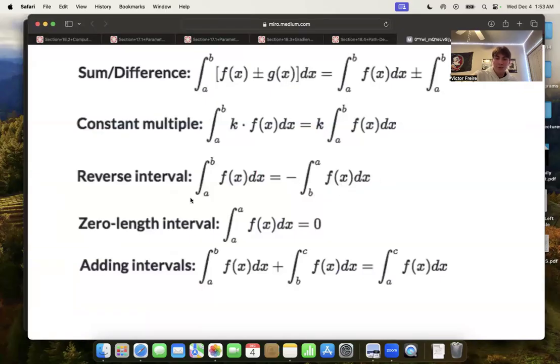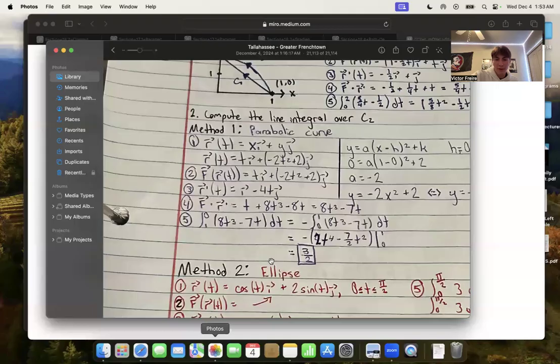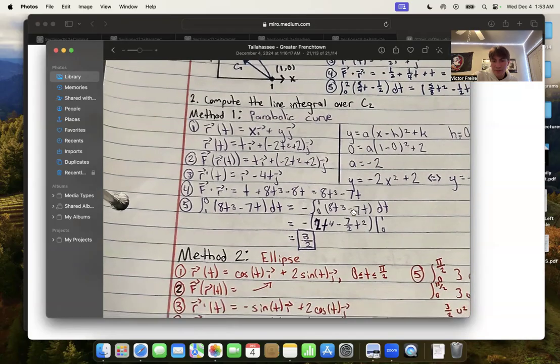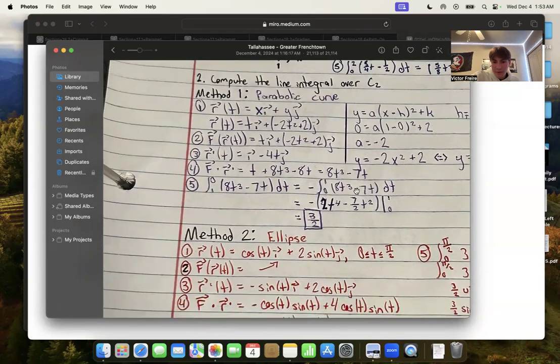So we just flip the bounds and make it negative. So if we go back here, that's what we did. I just made this negative, and then I made it from 0 to 1.